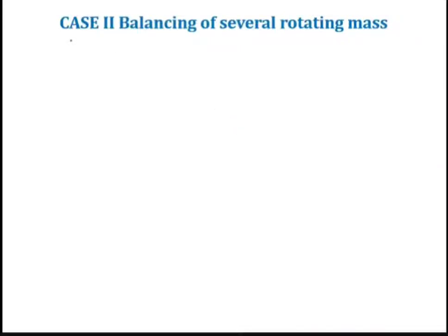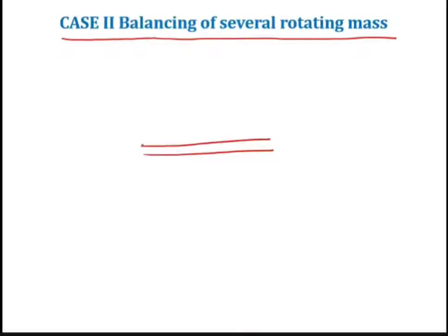So today, in this lecture, we will understand the case number two, that is balancing of several rotating masses. In case number one, it was a single mass rotating on the axis of the shaft. For example, if I consider this is a shaft connected in the bearings A and B, and the axis of rotation of the shaft is S dash.